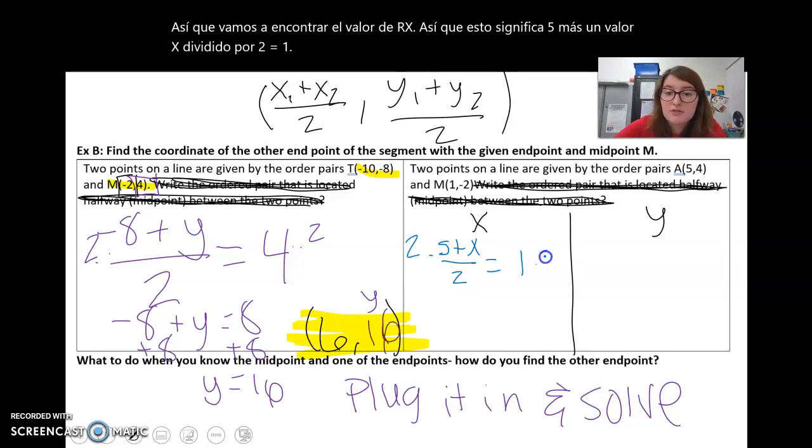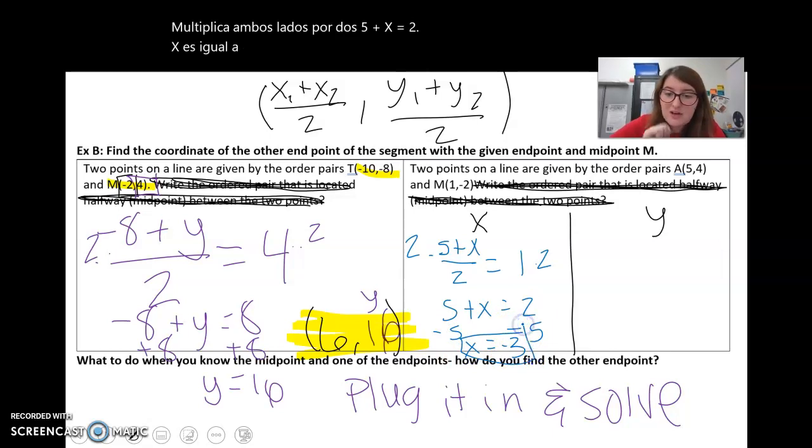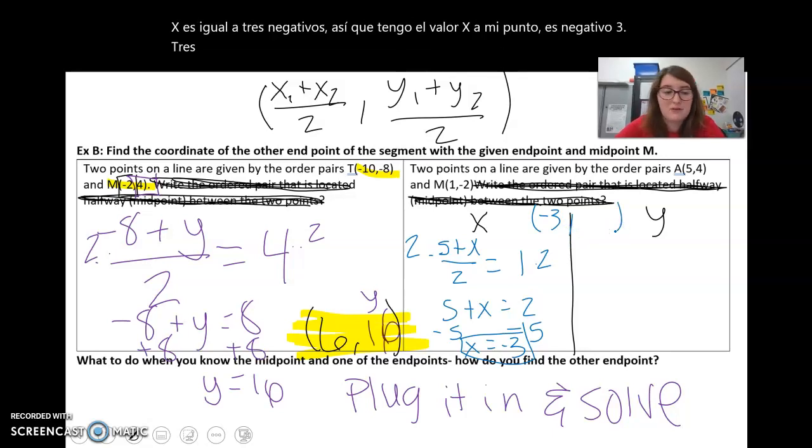Multiply both sides by 2. 5 plus x equals 2. Minus 5, x equals -3. So I've got the x value of my point. It's -3.